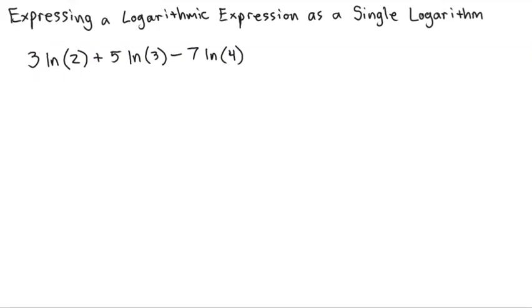Now remember, the exponent to multiplication property says that if we have a number that's being multiplied on the front of a logarithm, we can move it inside the logarithm as an exponent on whatever is inside the logarithm. So this 3 right here is actually an exponent on 2. And so we can rewrite this as the natural log of 2 to the third power, okay? So this and this mean the exact same thing by the properties of logarithms, okay?